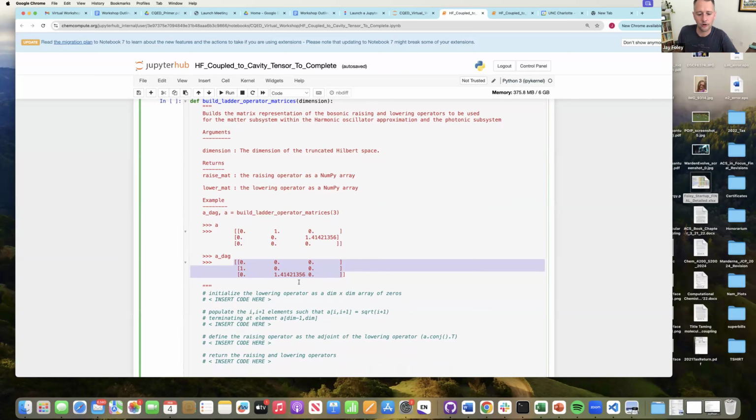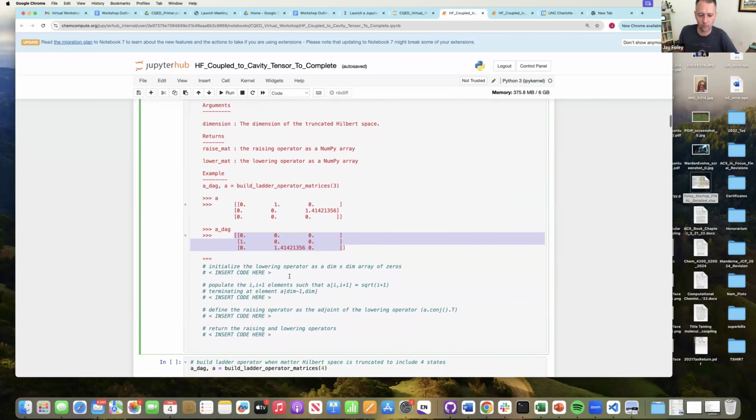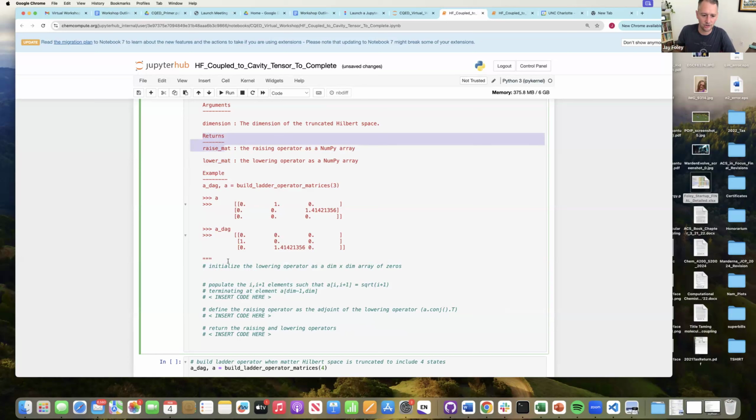And so let's work on it together. There's comments here that are going to help us out. The first thing I'm going to do is follow this comment, which says to initialize the lowering operator as a dim by dim array of zeros. So I'm going to call it lower mat, just following this docstring suggestion.